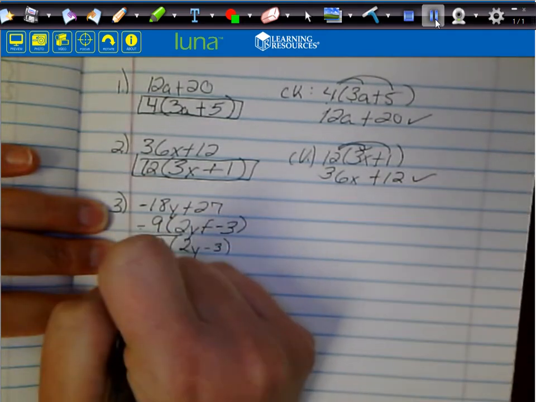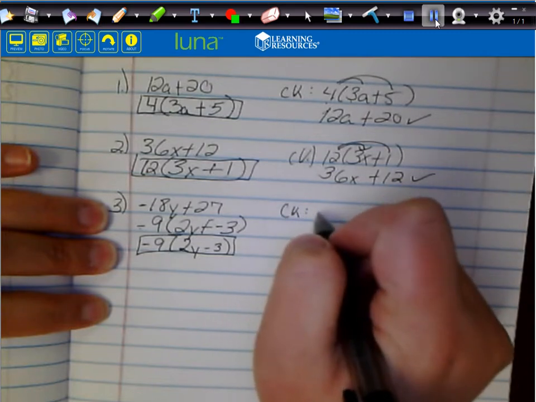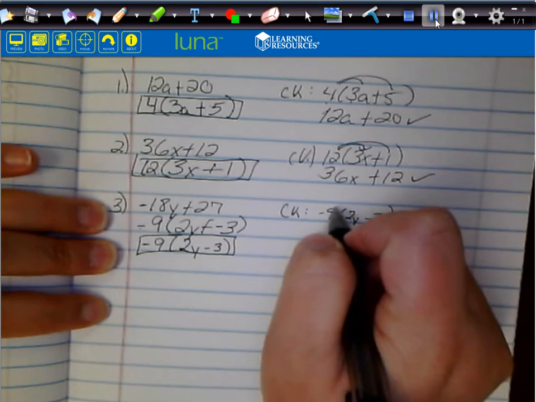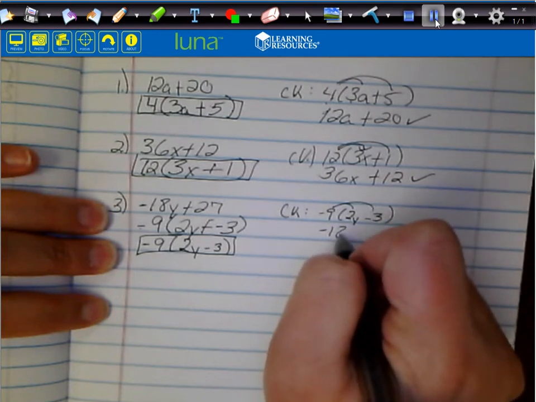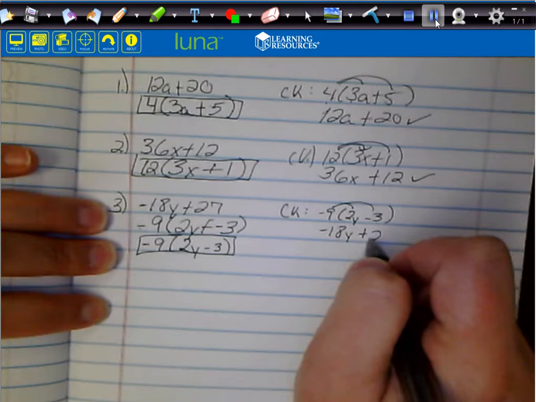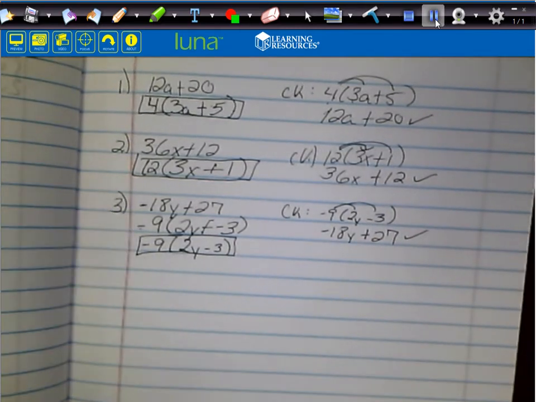So there is where I factored out my GCF. So I'm going to check. When I redistribute, I get negative 18y because that's negative 9 times 2, and negative 9 times negative 3 is positive 27. So that works out. Again, please make sure you have this and the check before you move on.